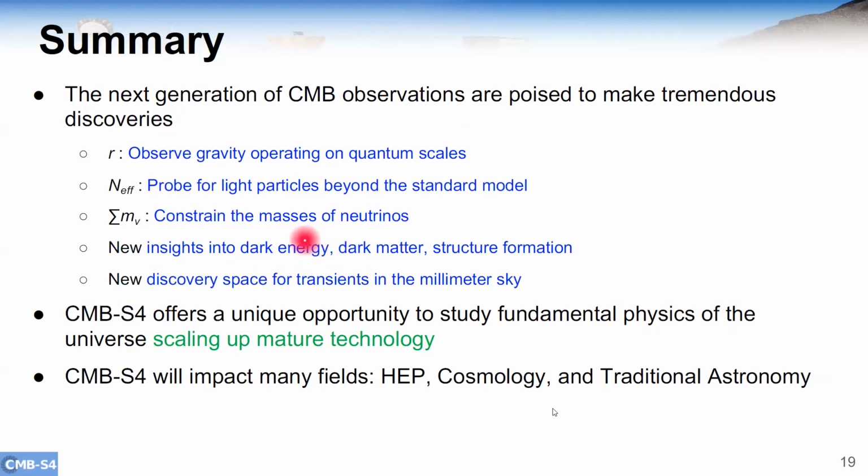Constraining the masses of the neutrinos, very complementary to the experiments such as KATRIN in the laboratory, and getting insights through things like the Sunyaev-Zeldovich effect into how matter and electrons and baryons are distributed in the universe. A lot of very good complementarity in the cross correlations. And then this completely new discovery space for what transients are doing in the millimeter sky.